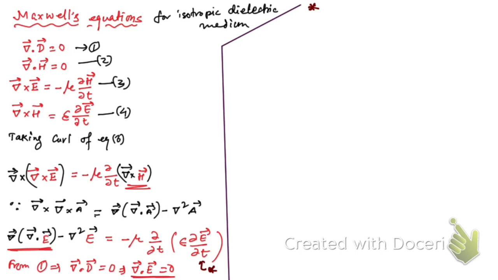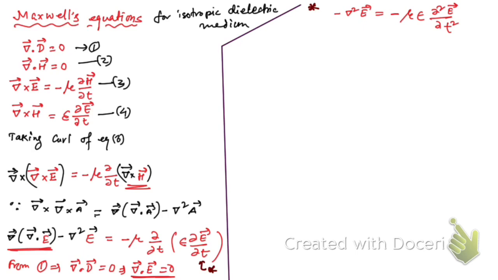So that's why we're going to end up with the Laplace operator on E vector, minus mu epsilon times the second order partial derivative of E with respect to t. That's what we're gonna have.